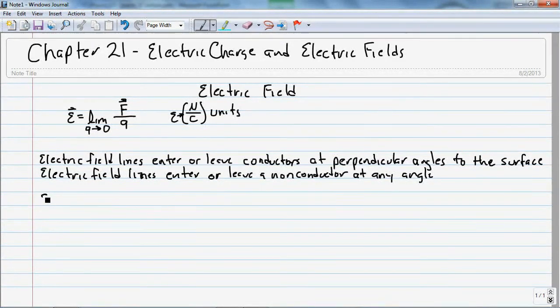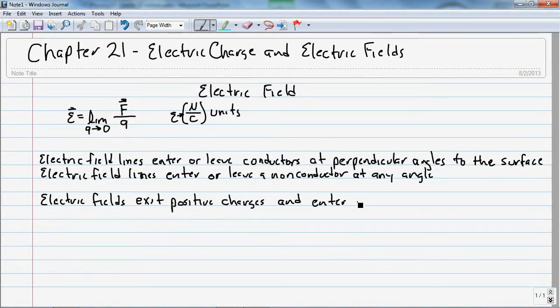And electric fields exit positive charges and enter negative charges.